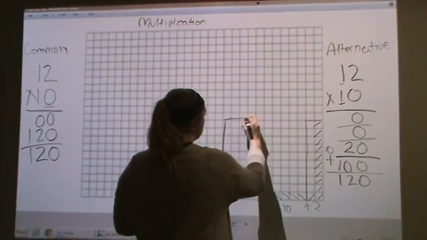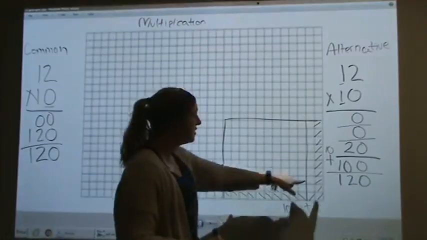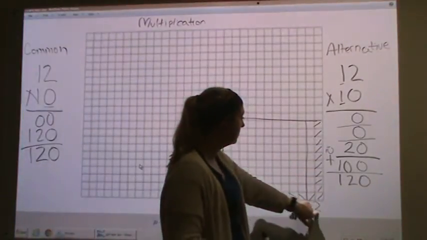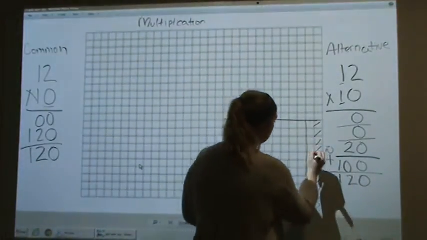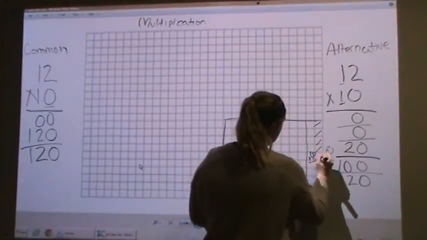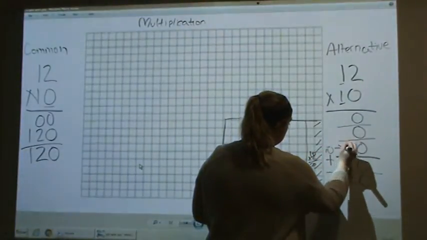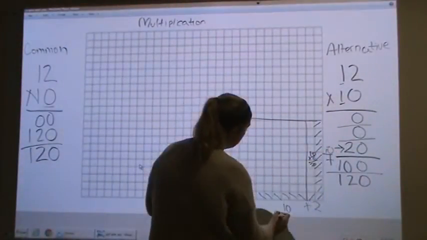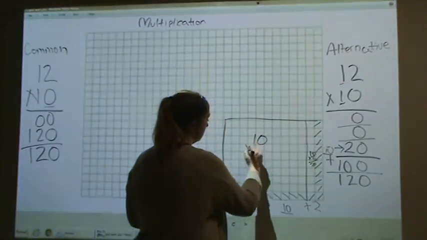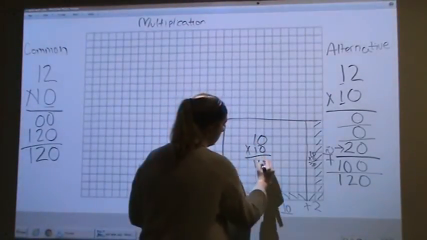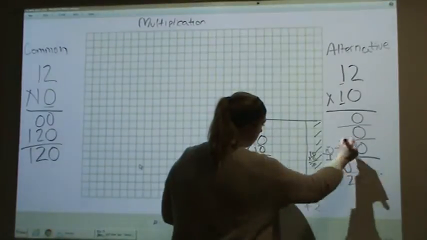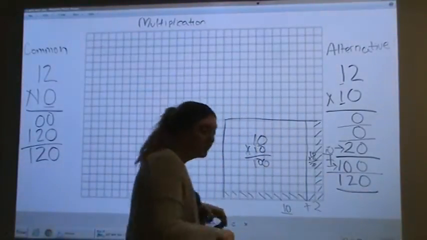And go up and over. And we know that 10 times 2 is 20, which is where we get that over here. Which is right there. And we know 10 times 10 is 100, which we get over here. And we add those together to get 120.